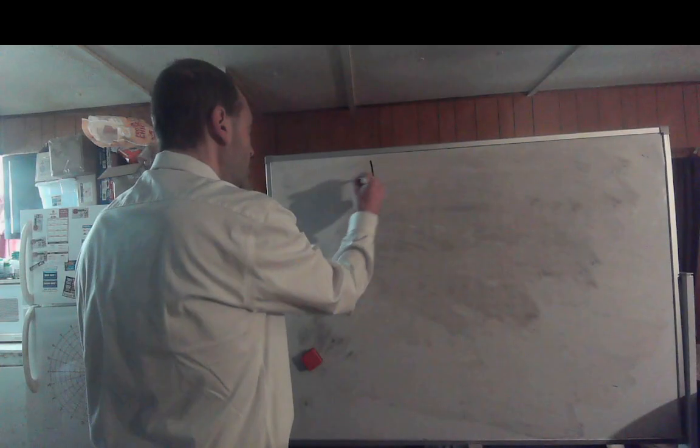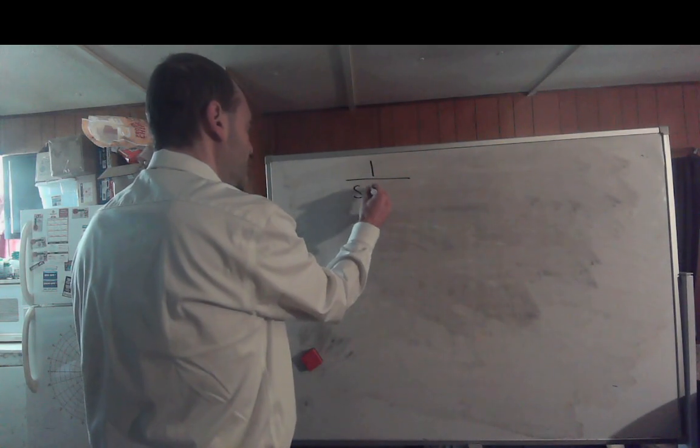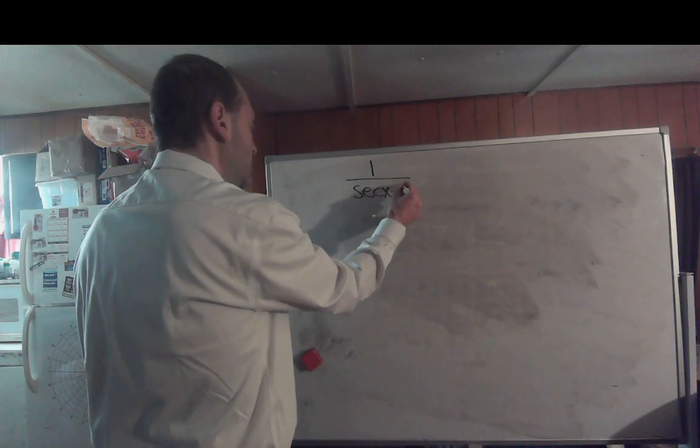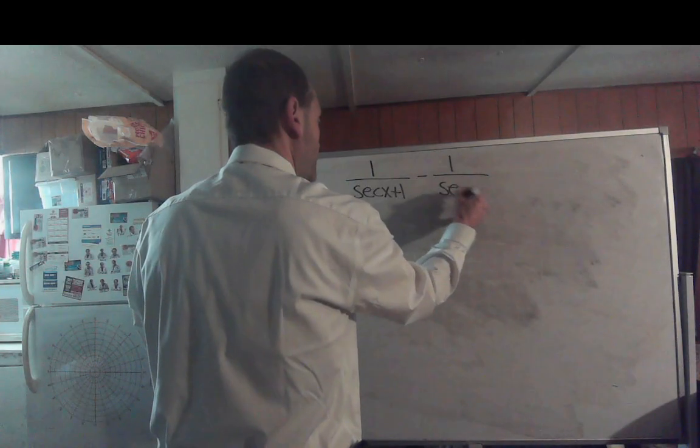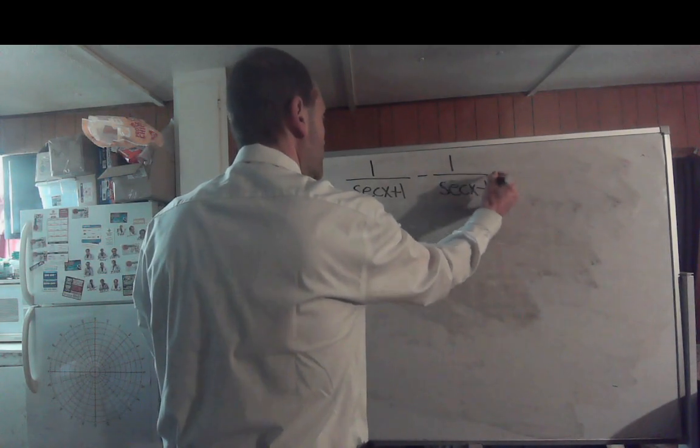Let's see here. 1 all over the secant of x plus 1 minus 1 all over the secant of x minus 1.